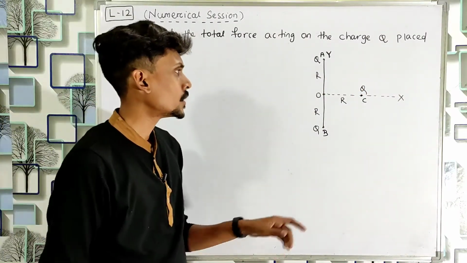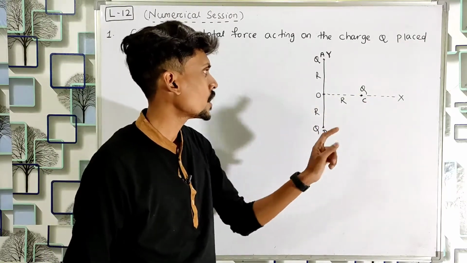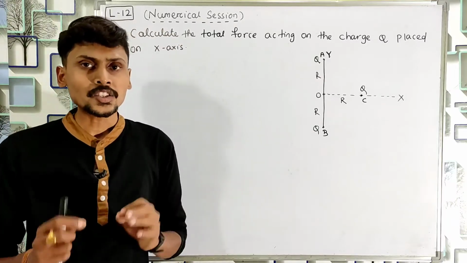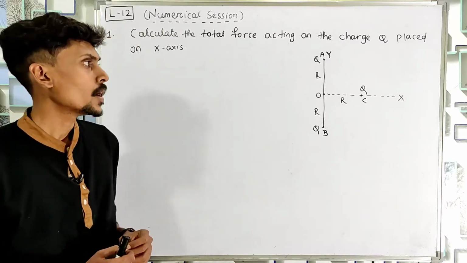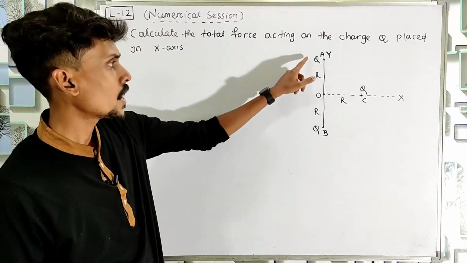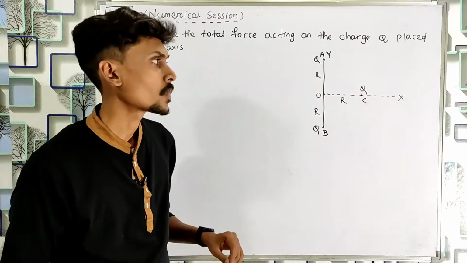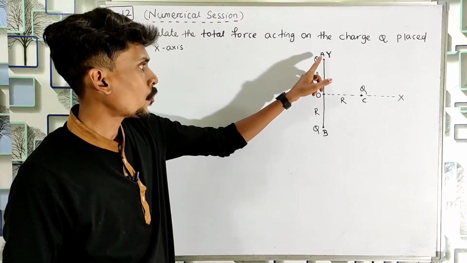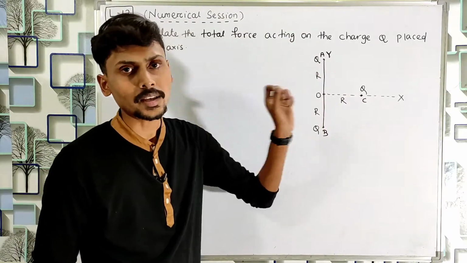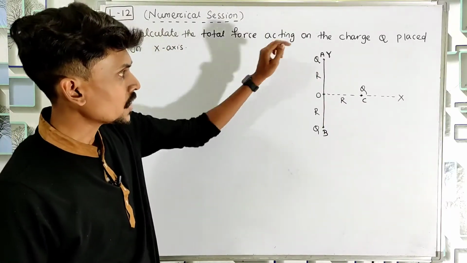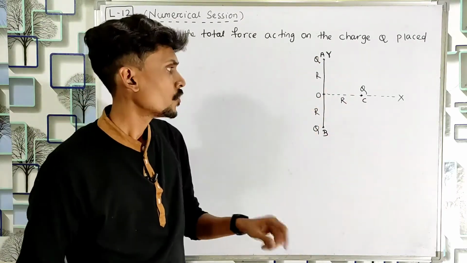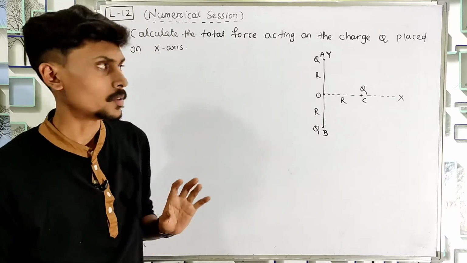You can see in the figure, this is the x-axis and this is the y-axis, and we have three identical charges, each having magnitude capital Q, placed at three different points A, B and C. Points A and B lie on the y-axis, point C lies on the x-axis, and the distances of points A, B and C from the origin O are equal.